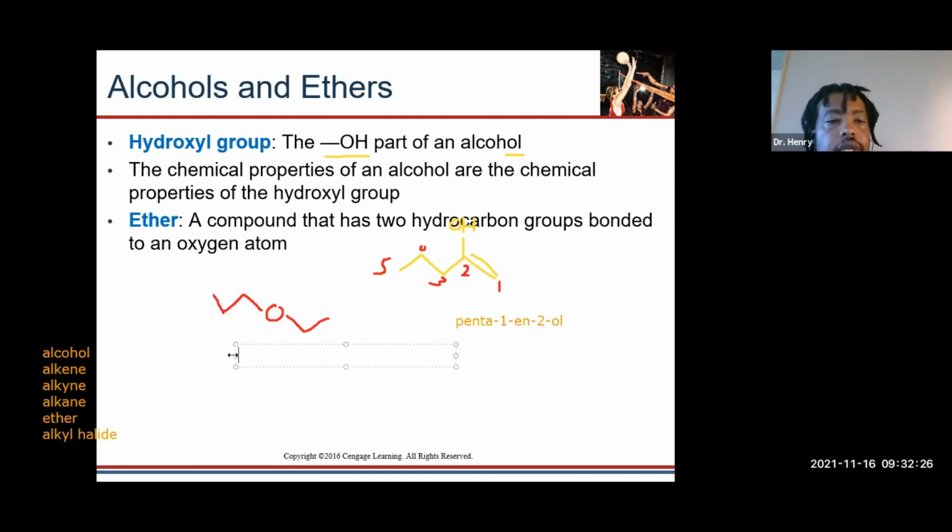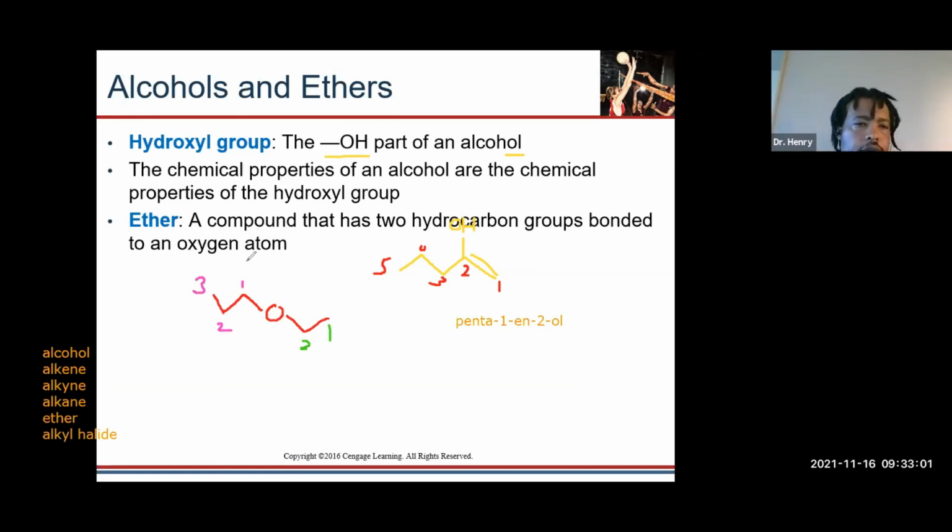So the common name way would be just telling me the length of each of the hydrocarbons on both sides of the oxygen. So in this case, we have 1, 2 on one side, and on this side, we have 1, 2, 3.